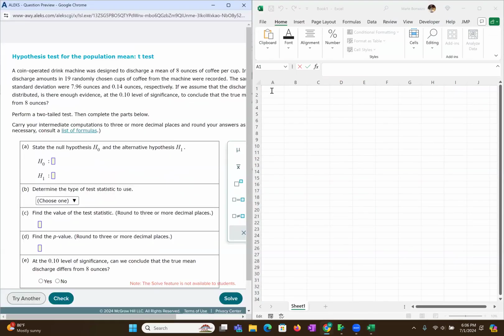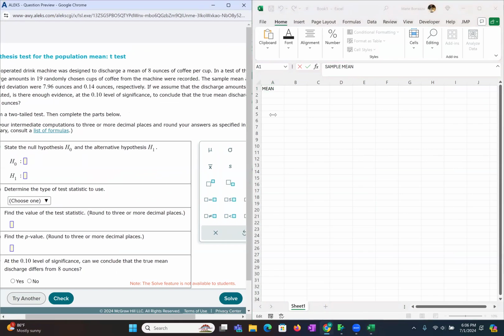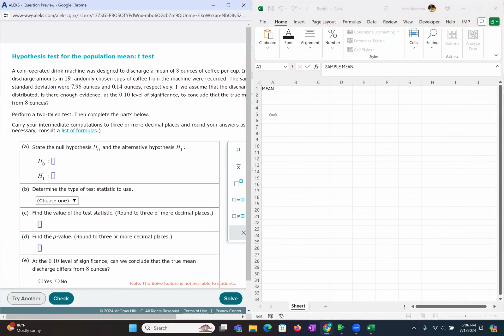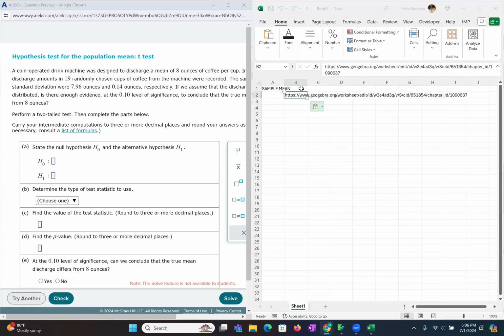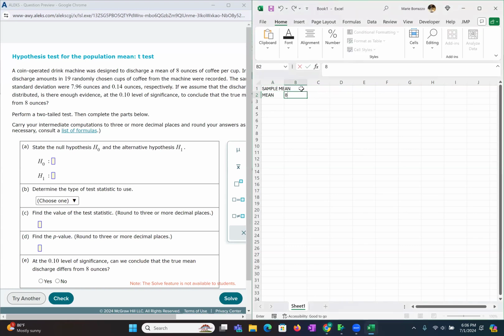The first thing I want to do is the mean, which they introduced as 8 ounces. Actually, no, I take it back. The actual mean is 8 ounces, so that's the first thing they tell you. I'm going to put an 8 here.